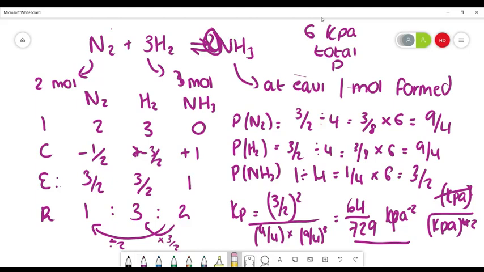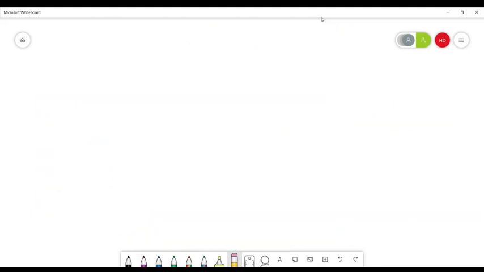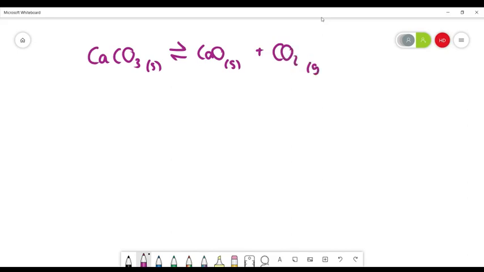Cool. Have a go with another question of yours. The question is: CaCO3, which is a solid, goes to form CaO solid plus CO2, which is a gas.